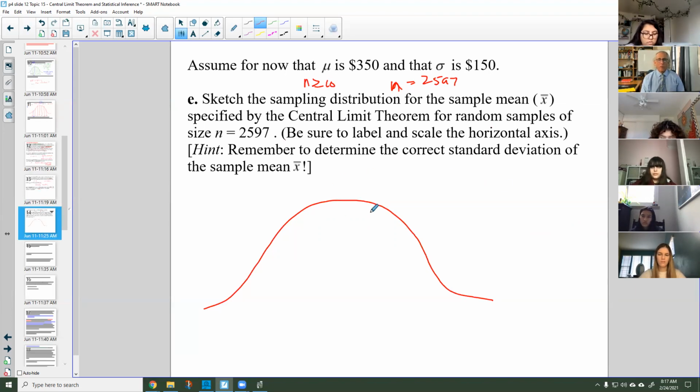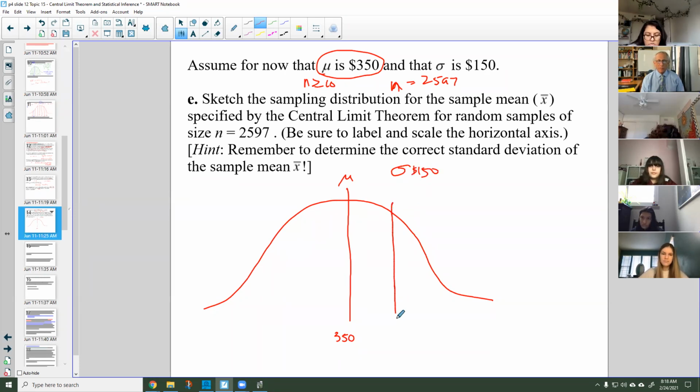Okay, so right in the middle here, it says assume for now that mu is 350. So I'm assuming that my mean is 350, and my standard deviation is 150.